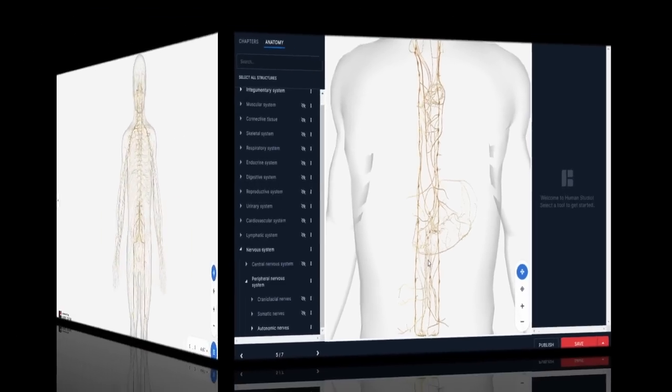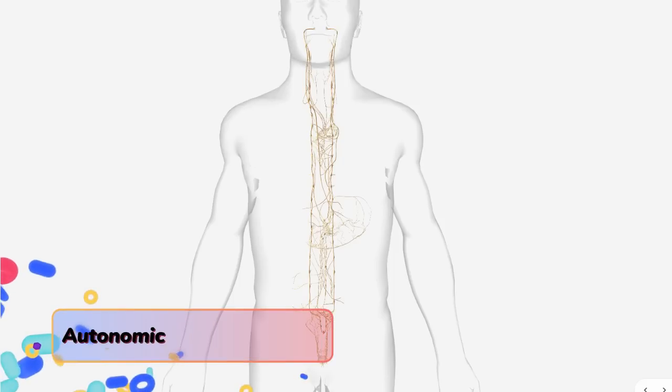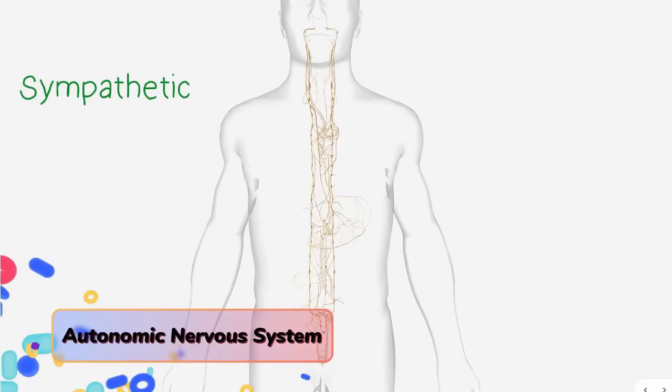Okay, so the autonomic nervous system has two subdivisions. First, we have the sympathetic nervous system, and the second one, we have the parasympathetic nervous system.